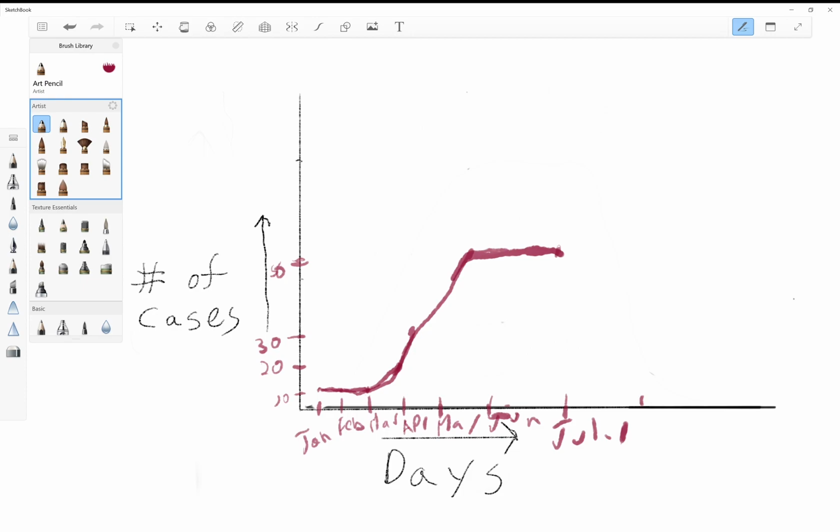So let's say that in August, we start seeing now 30 numbers again, and now the curve is starting to go down. And say in September, now we're seeing back to 20 cases, and we're starting to go down again. And then by October, we're back to like maybe 10 cases and so on.